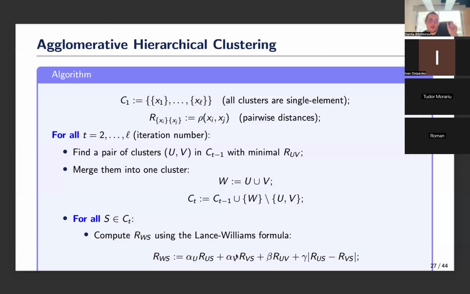We take each element as a separate cluster and then merge them in pairs into bigger clusters, and so on, until we create one big cluster with all elements of our dataset.